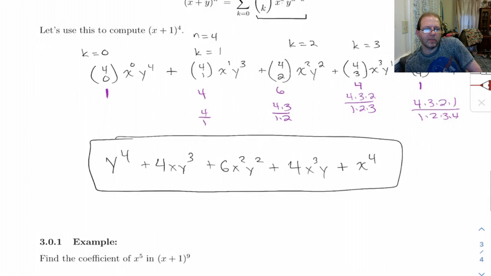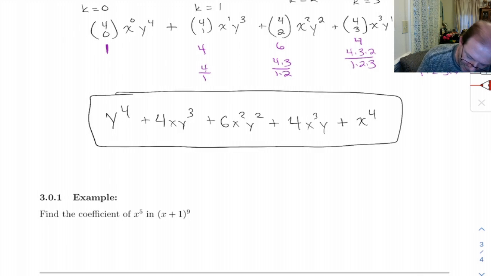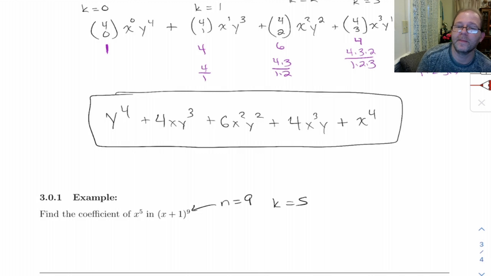Now, this next problem says find the coefficient of x to the fifth in (x + 1) to the ninth. If you think about what this would be, n is 9, and they're asking about when x has an exponent of 5, so k is equal to 5.